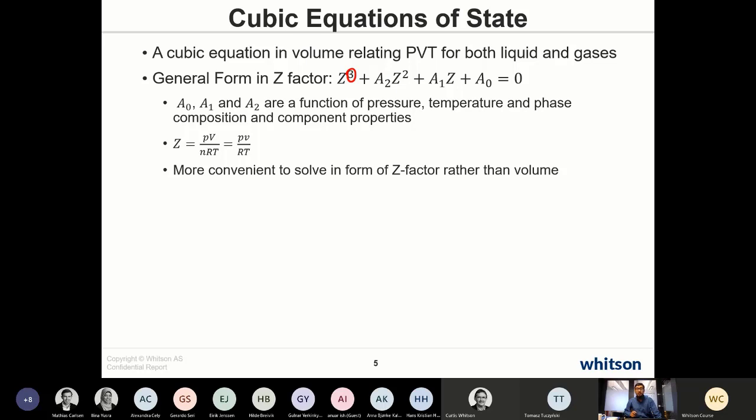These will be different for different equation of state models, and they are mainly functions of pressure, temperature, composition, and the component properties, and they are formulated differently for different equations of state.